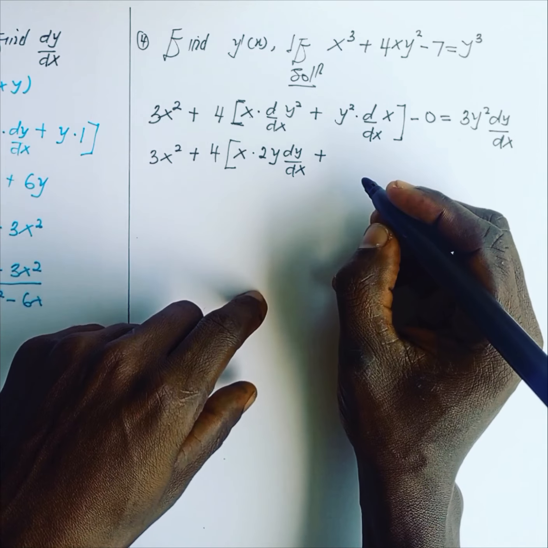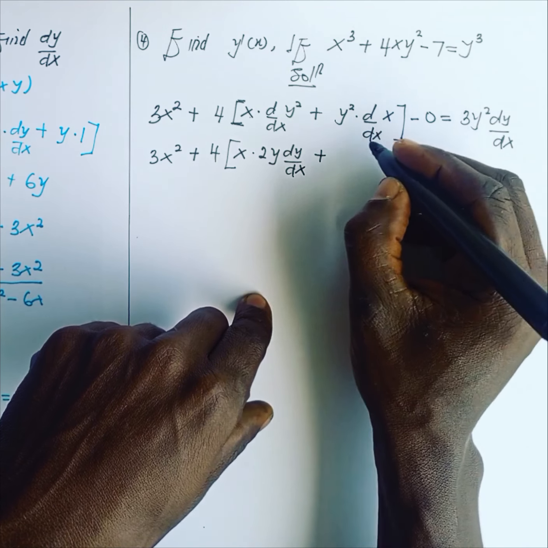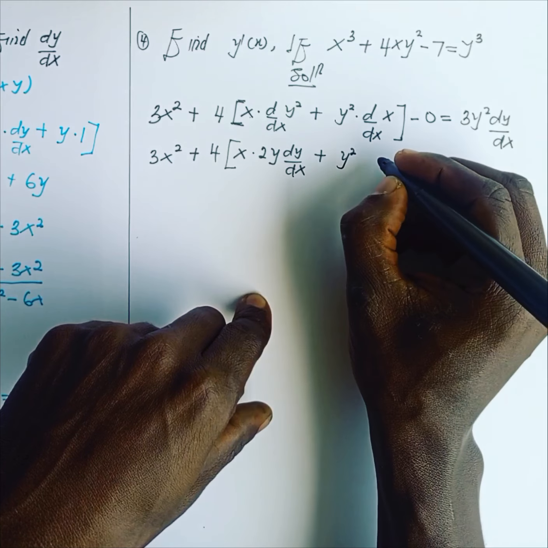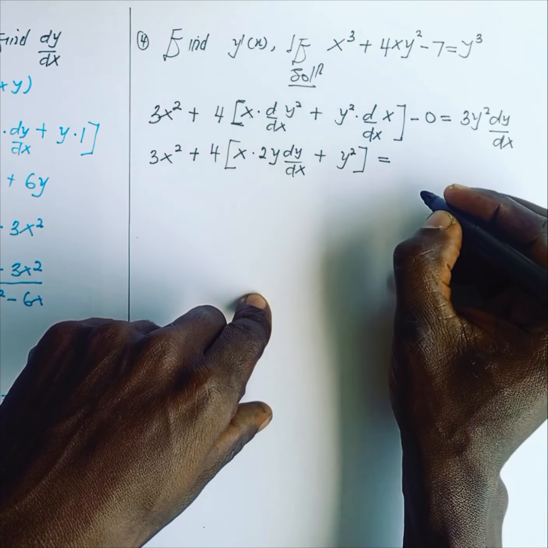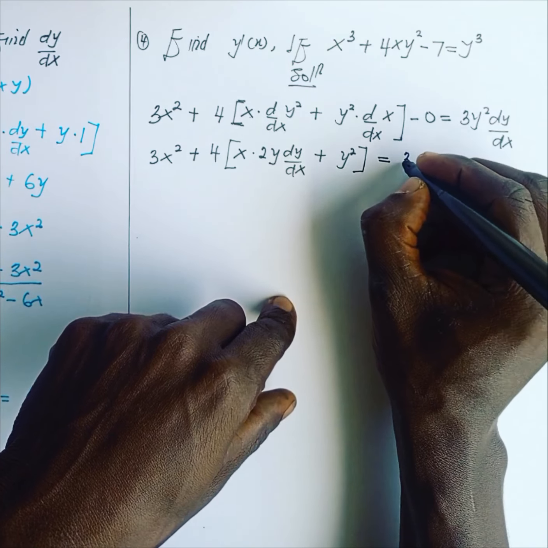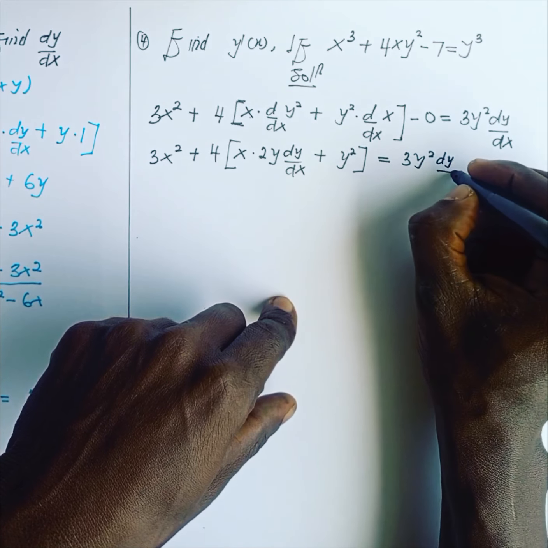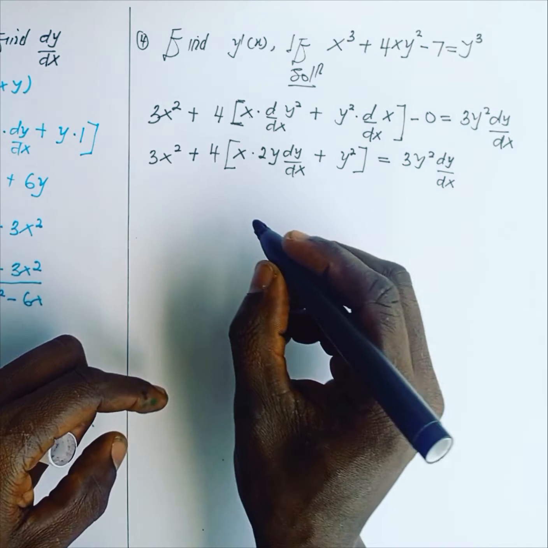Plus when we differentiate x, we get 1. So 1 times y squared gives y squared, which is equal to 3y squared dy/dx. So let's expand the bracket.